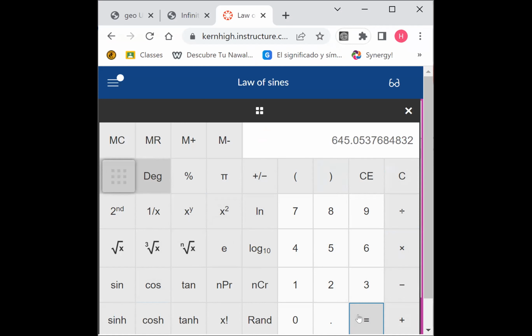I'm not quite done yet, so I'm going to use 4 decimal places. So 645.0538. Notice I rounded to 4 decimal places.